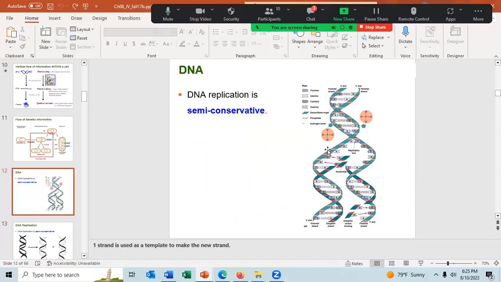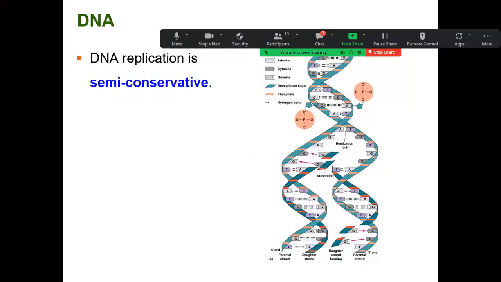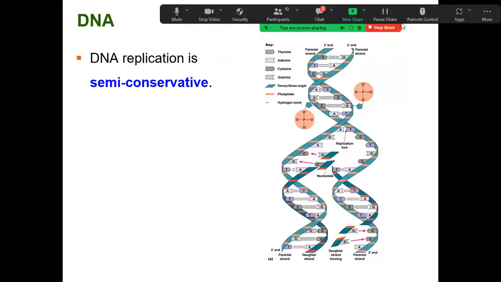How that happens is when DNA is replicated. Let me see if I can blow this slide up. So when DNA is replicated, we separate the two strands, and then one strand is used as a template to make the newly growing strand. So this has a T here, so the polymerase will put an A here.